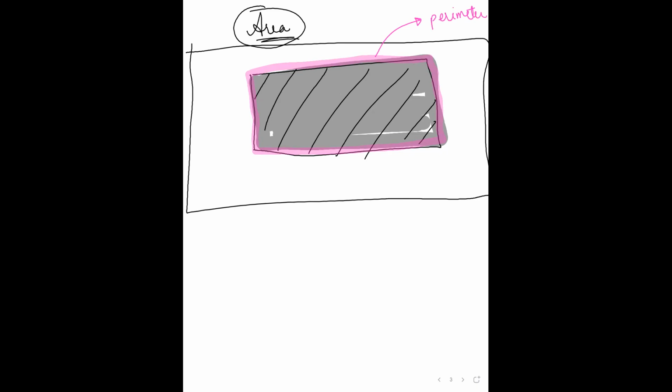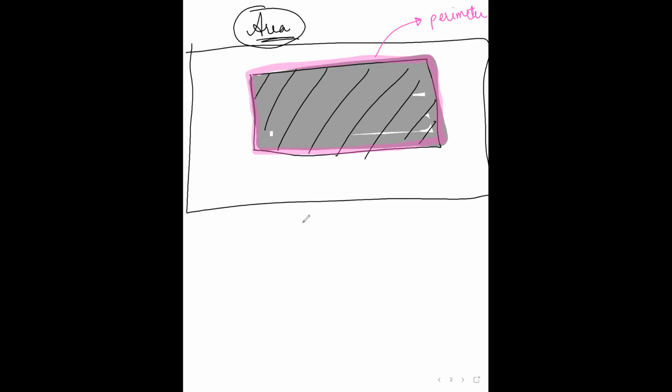Fine. So now I'm going to give you one more situation. You have to tell me whether it's talking about area or perimeter. Let's say you have a field or a garden. Around that garden, we are going to use a particular wire for fencing.